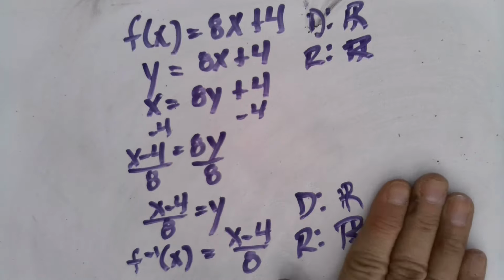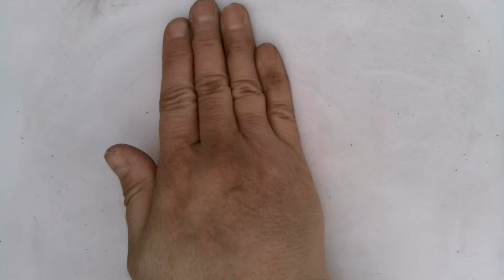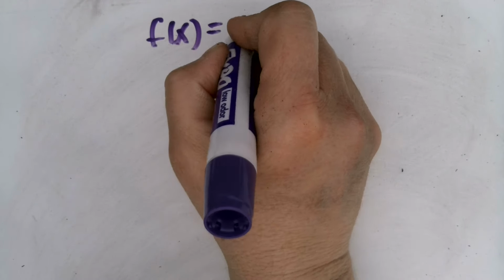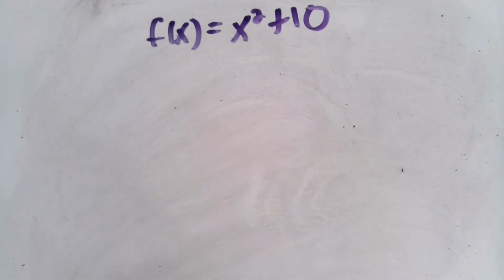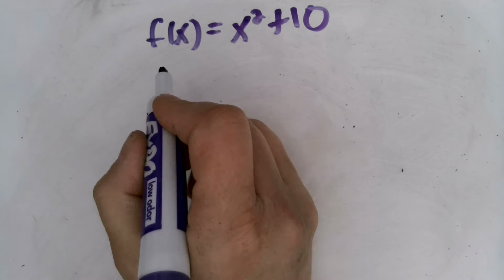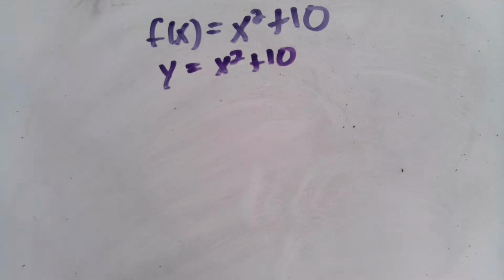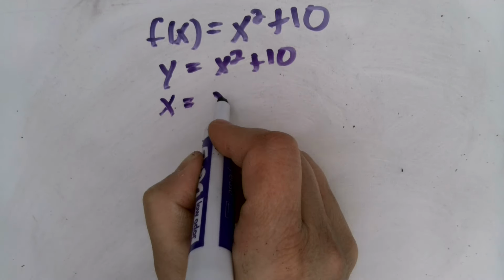So let's try another one where that's going to be affected. Let's look at f of x equals x squared plus 10. First step, turn that into a y. Second step, switch the x and y.